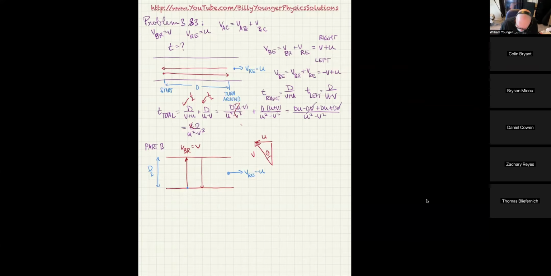And then on the way back, I'm going to need to do the same thing. In this case, I'm going to again have a velocity component u this way that will cancel out the river's velocity. And again, this one's going to have to be v as well.